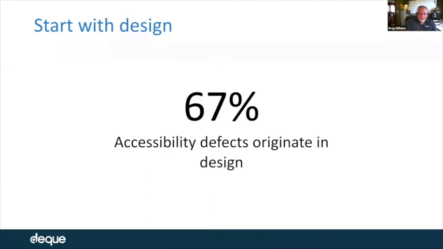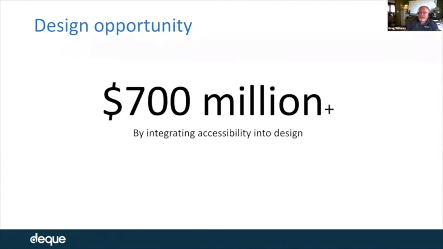So if we look at that 67% against our billion-dollar problem, just in design alone, by doing design reviews and catching those defects at that point, we've got $700 million plus, and that's integrating accessibility into your design. So training your designers, having checklists, doing design reviews, making sure that your designs are very solid before you even start to write the first line of code is very, very important to do.